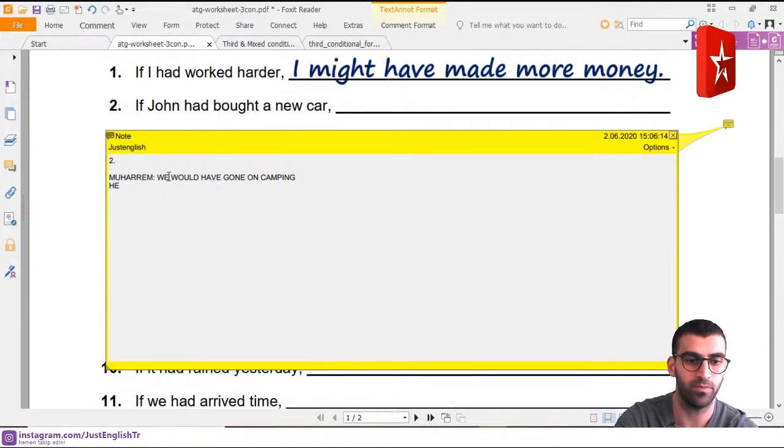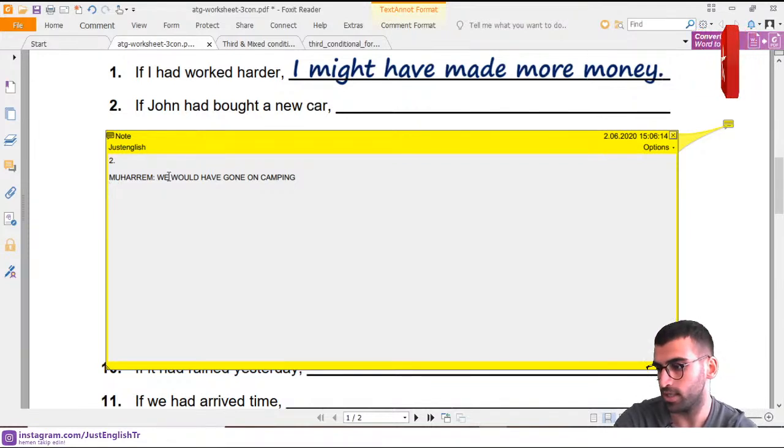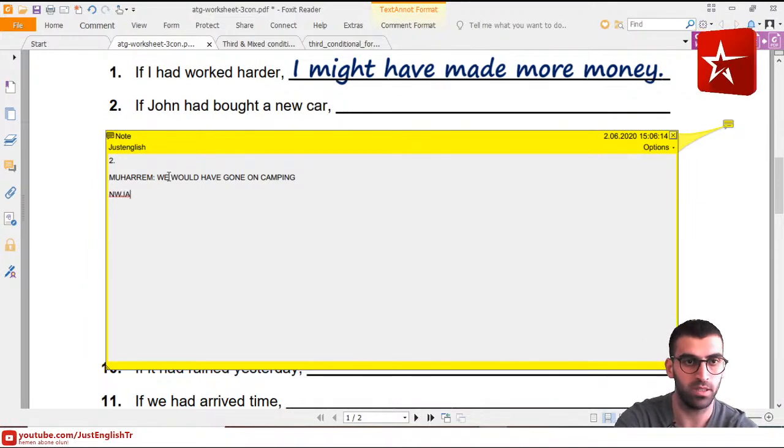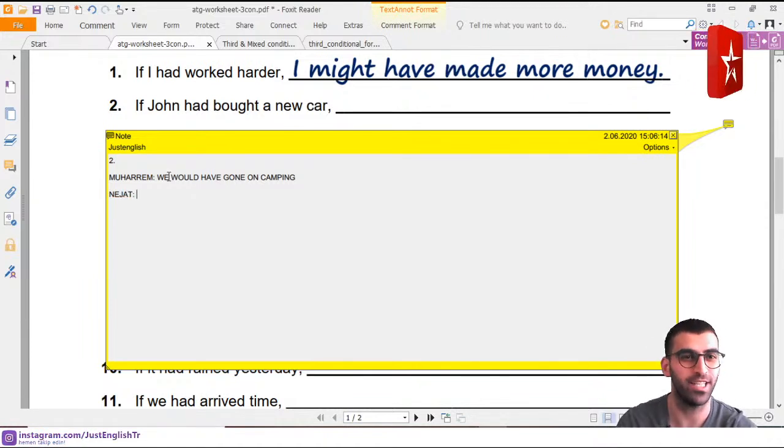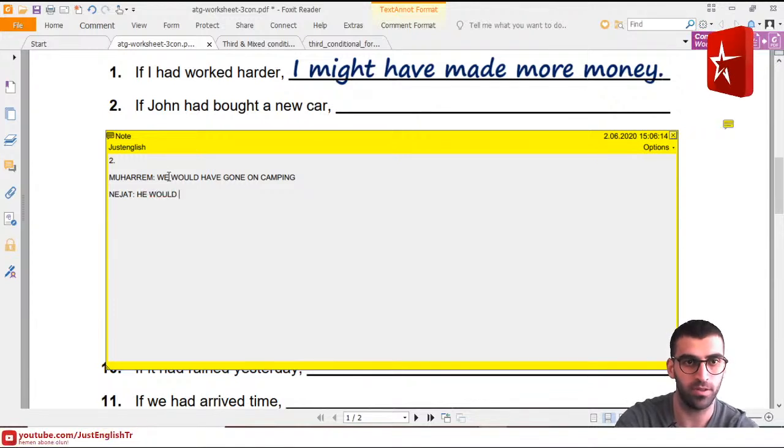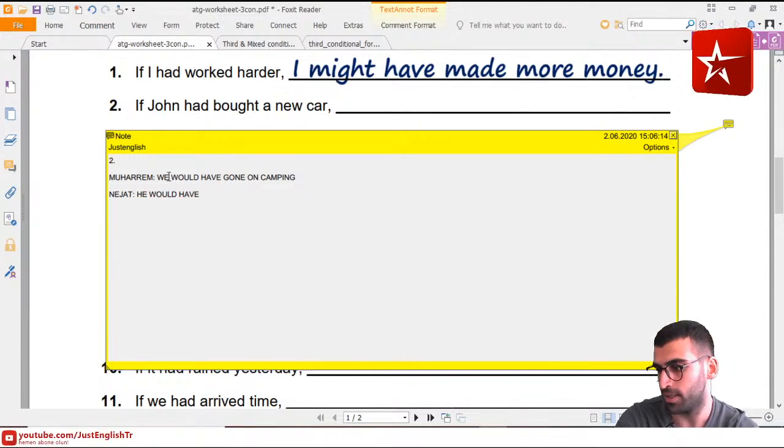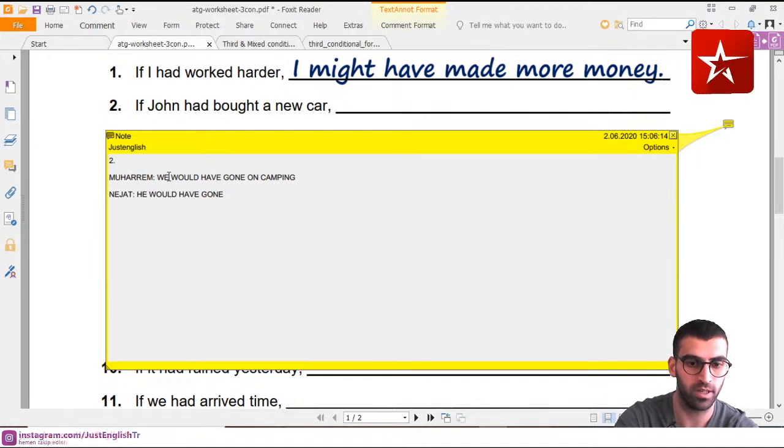He would, let me write his name, Mr. Nejat. Yeah, looks like my name, but my name is with I, and your name is Nejat. He would have gone to work, like this.